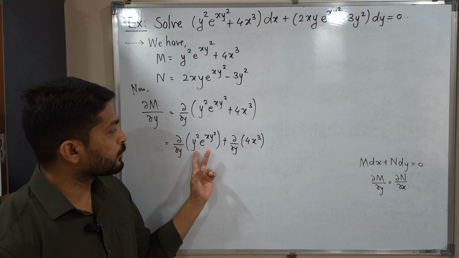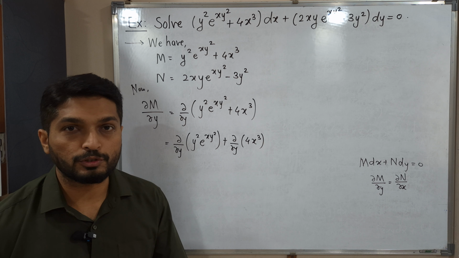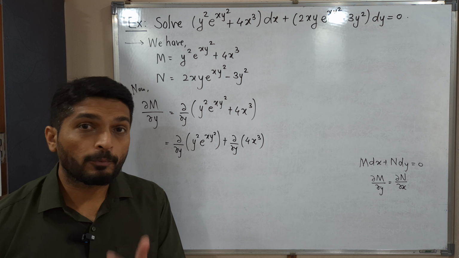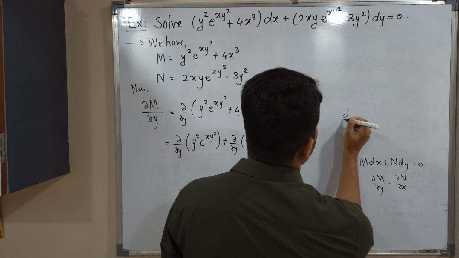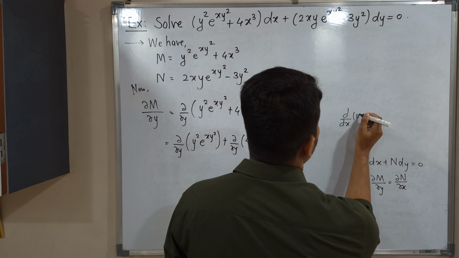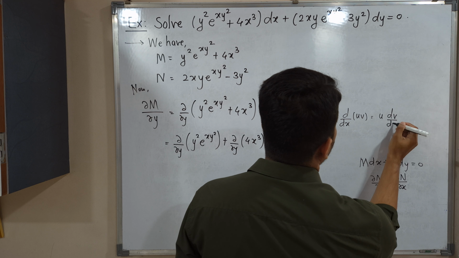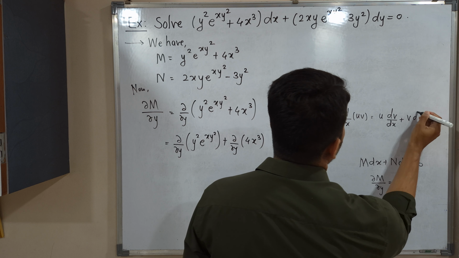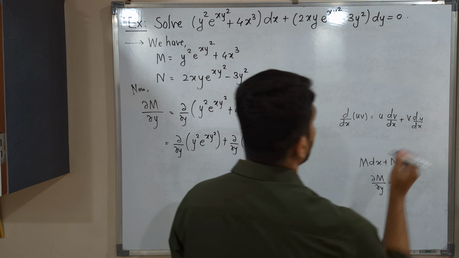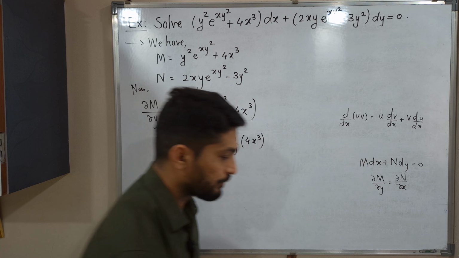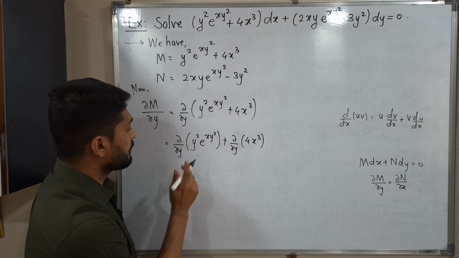As you can see, there are two terms: the first one is y square, and the second is the exponential function. If you have a product of two functions, we go for the u into v formula. That is, the derivative of u into v is u into the derivative of v plus v into the derivative of u. So this is u and this is v: first into the derivative of second.